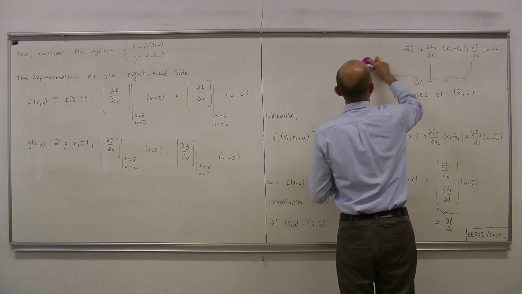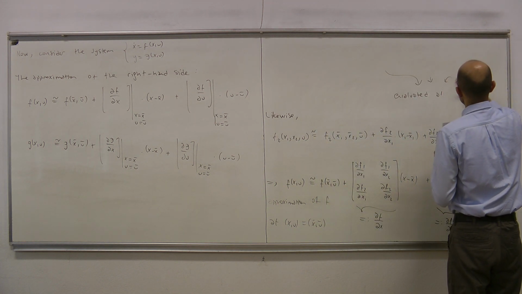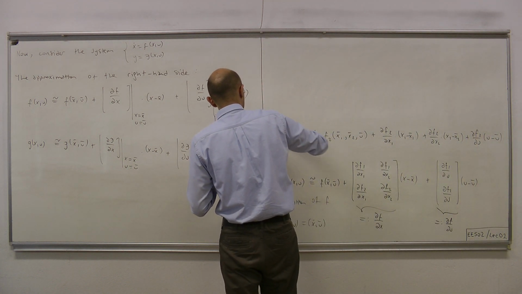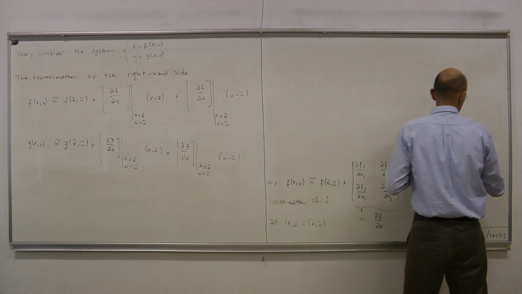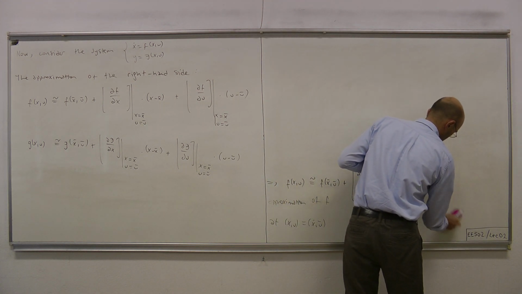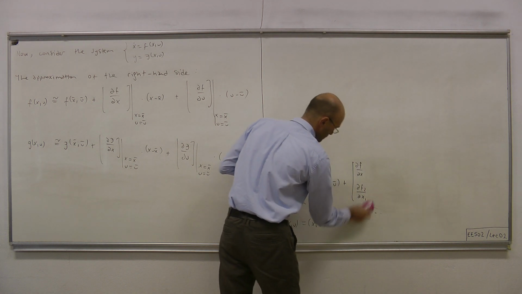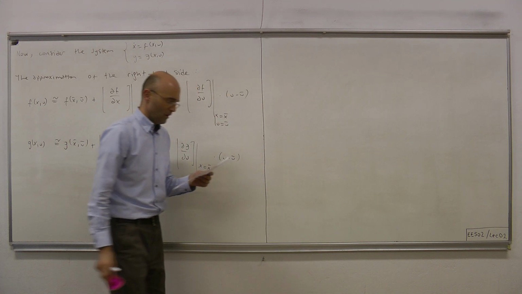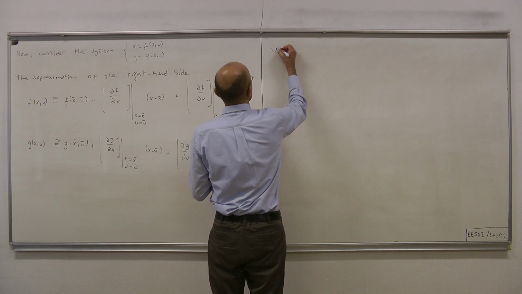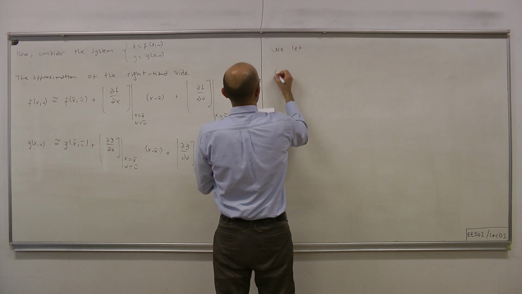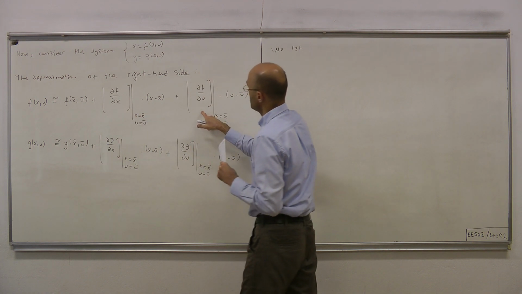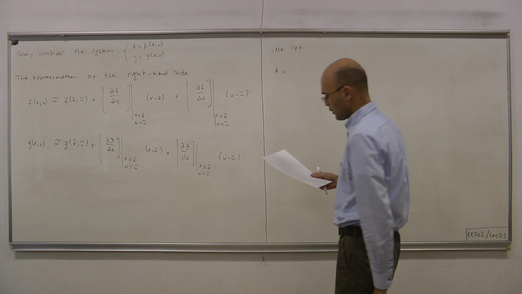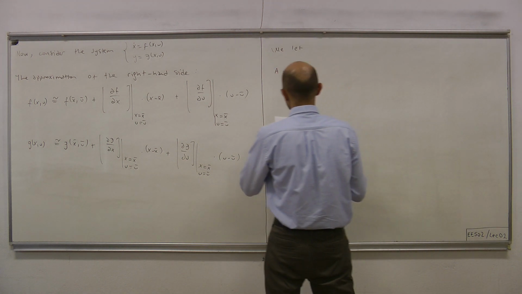Now, for ease of notation, we will give some names to the matrices that appear during the process of approximation. So let's call this A, this B, this matrix C, and that matrix D, so that we get closer to our linear system representation.